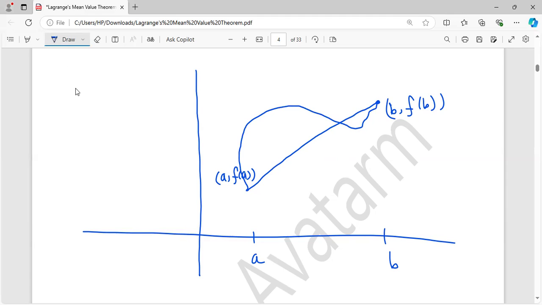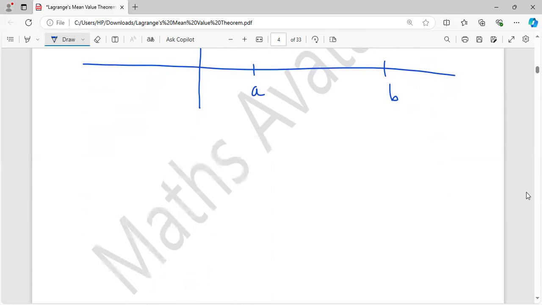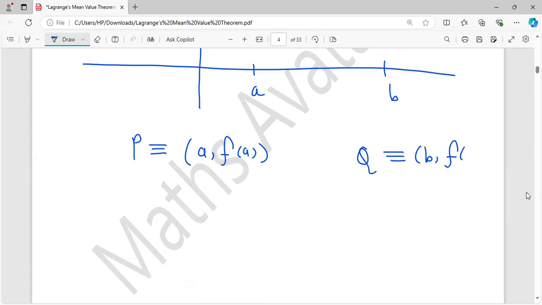You can say P and Q. This is point P and this is point Q. The chord joining P and Q: P is nothing but (a, f(a)) and Q is nothing but (b, f(b)).